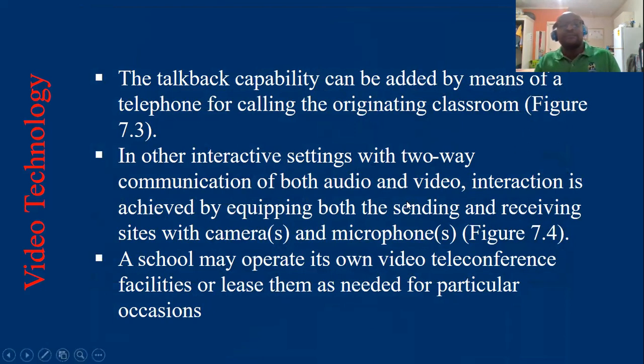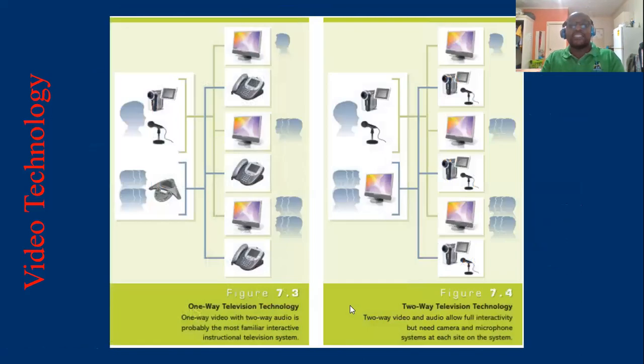In other interactive settings with two-way communication of both audio and television, interaction is achieved by equipping both the sending and receiving sites with cameras, okay? And a school may operate its own video teleconference facilities, or they may lease them as needed for a particular lesson.